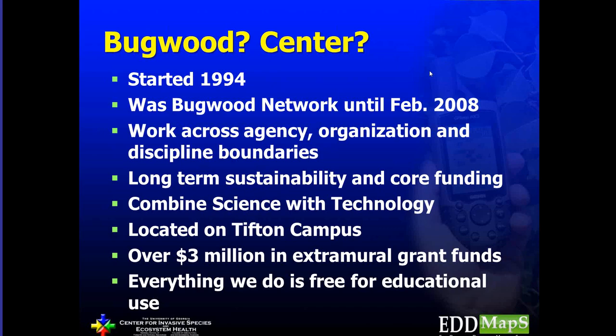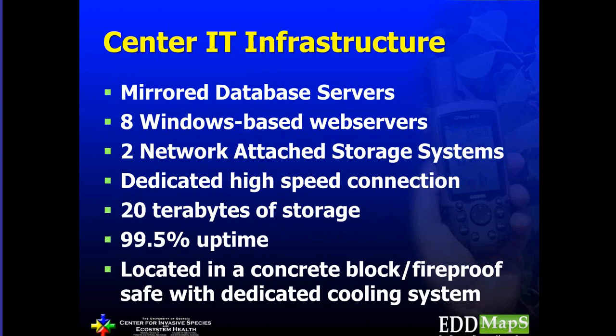We work primarily on extramural grants and cooperative agreements, but the center was formed to provide some long-term sustainability and core funding within the university. All of our focus is extension outreach, and everything we do is free for educational use.